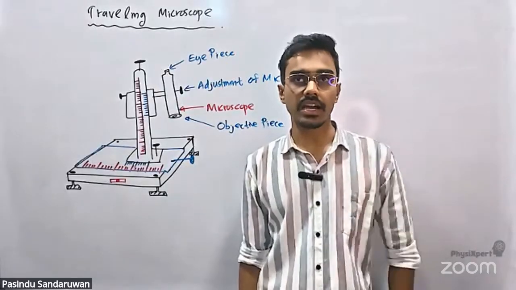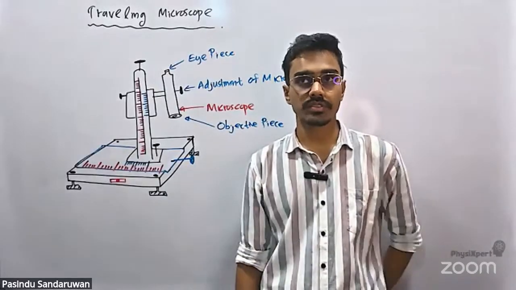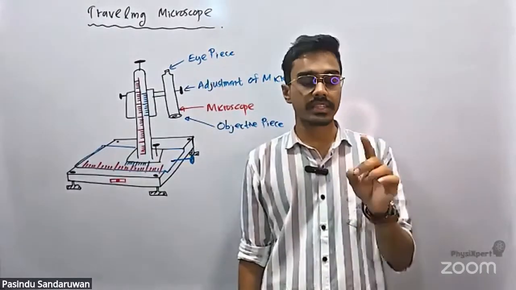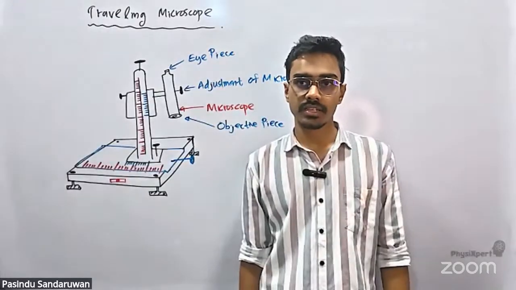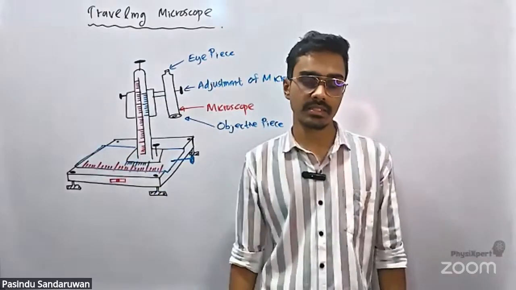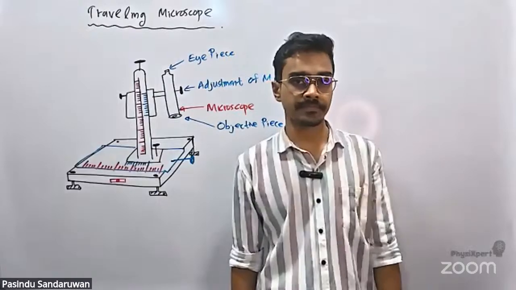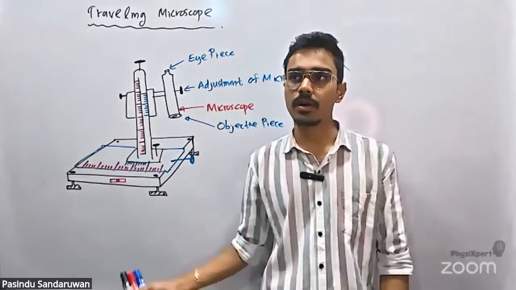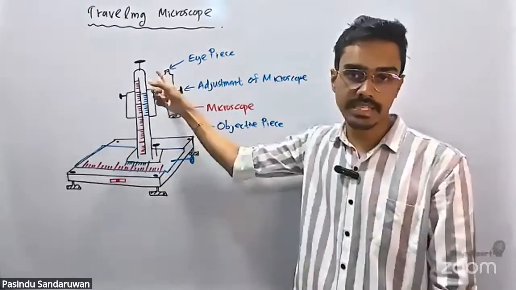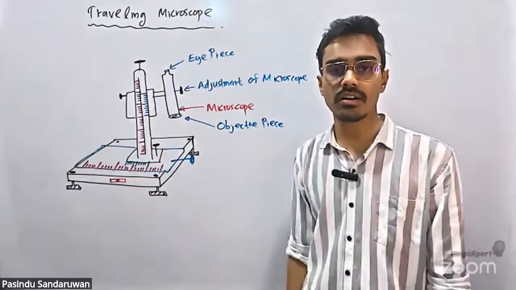If it was a vernier scale measuring instrument, there was only one vernier scale. Here there are two vernier scales. That is the only instrument you have with two vernier scales. That's a specialty about a traveling microscope. One vernier scale is vertical, whereas the other one is horizontal.